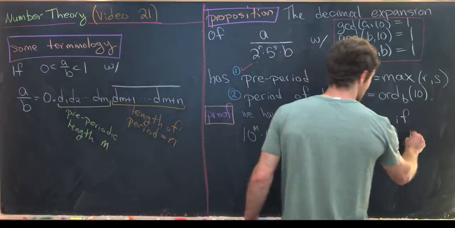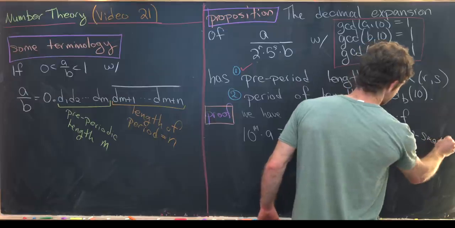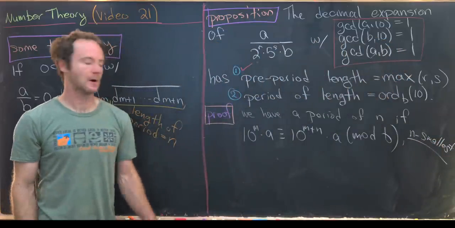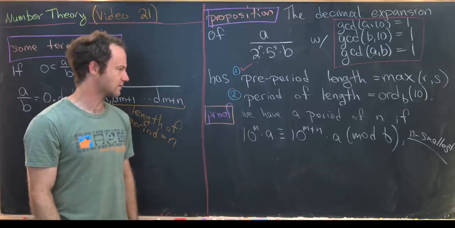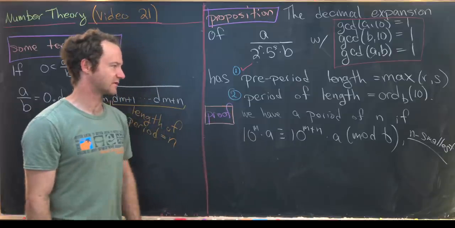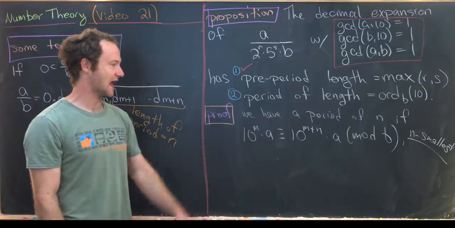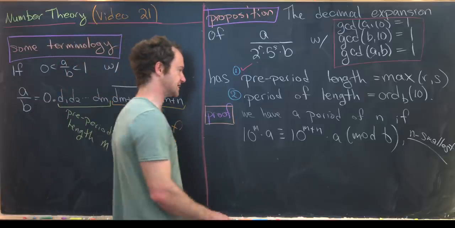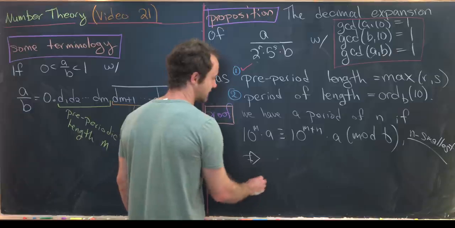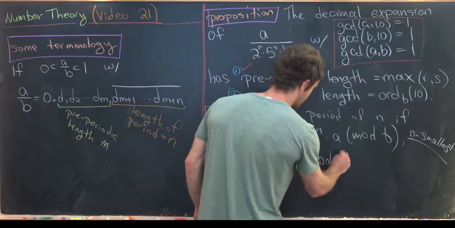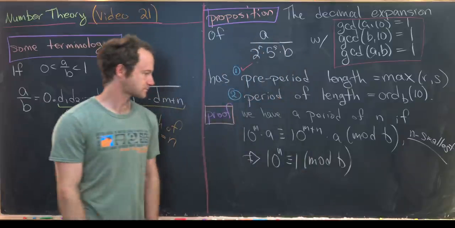And I should say here, n is the smallest such that that happens. Okay, but now we can move some things around. Notice that a and b are relatively prime, so we can cancel them from both sides. 10 and b are relatively prime, so we can do cancellation there on both sides as well. And that will leave us with 10 to the n is congruent to 1 modulo b.